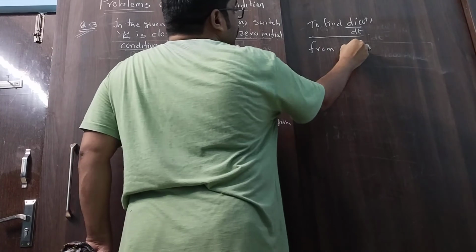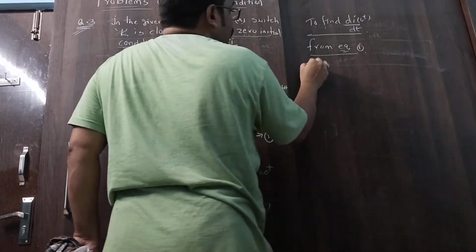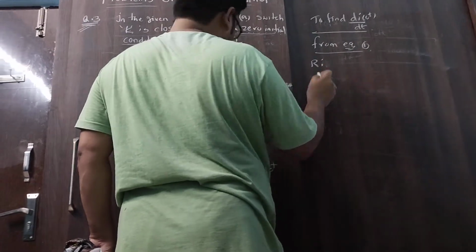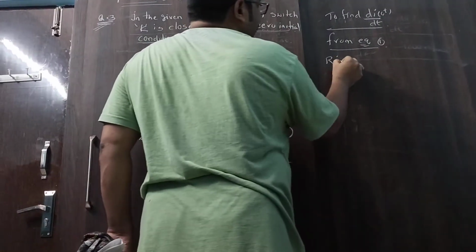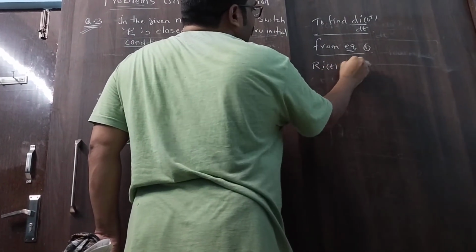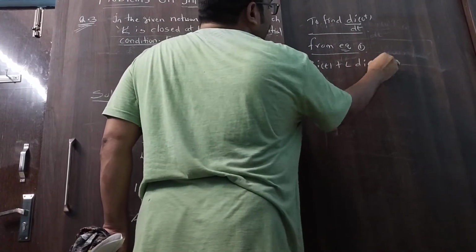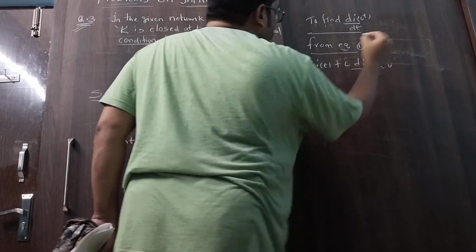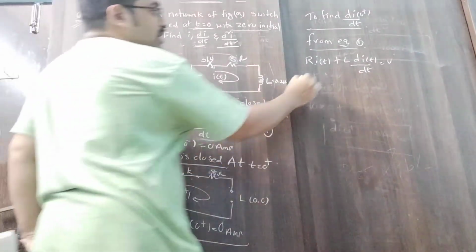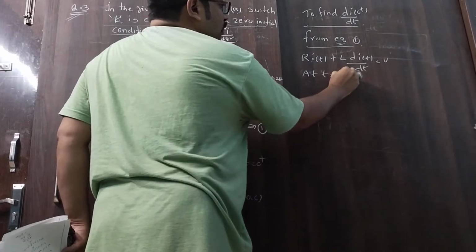From equation 1: R into I of t plus L into di of t divided by dt is equal to V. Now we are finding the value at t is equal to 0 plus.